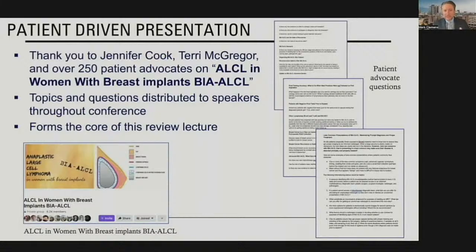Sometimes we have blind spots when we're writing our scientific papers, and it's really helpful for patient advocates to remind us of some of the unanswered questions that may linger or may be challenges for patients. And so I'm hoping to address those in this lecture.